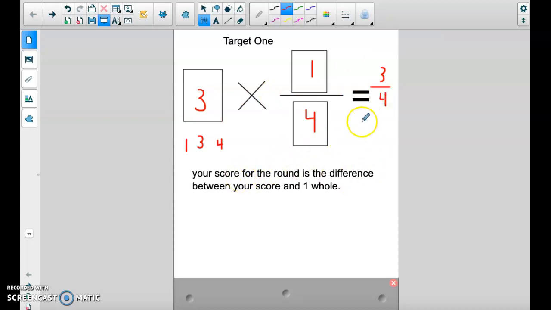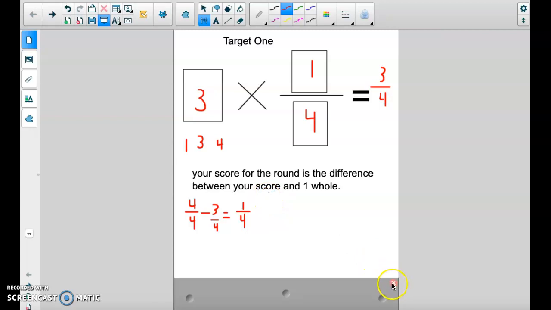So now, instead of my answer minus one whole, one whole is bigger than my answer. So I'm going to do one whole, which would be 4/4, minus 3/4, so that my score for this round, if these are my numbers, would be 1/4.